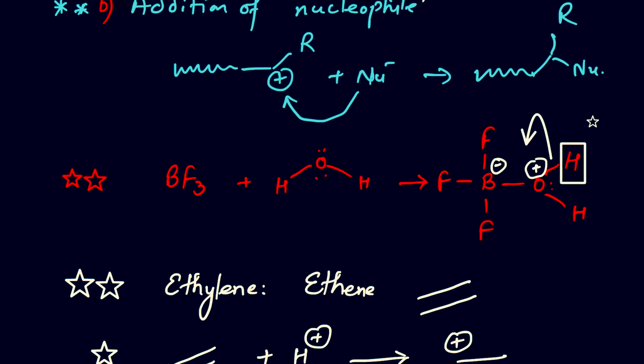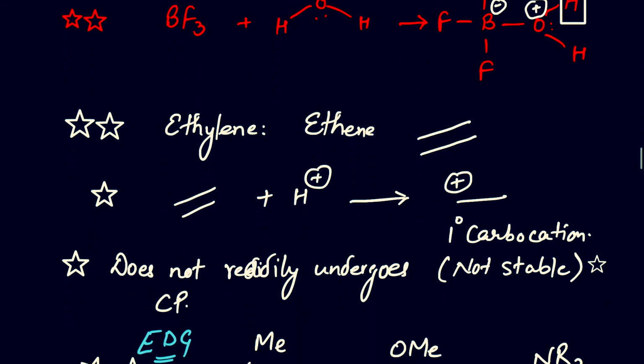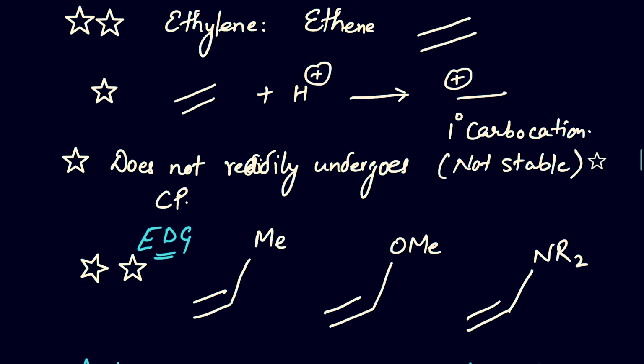Now in the case of polymerization of ethene, H positive first of all attacks the ethene molecule to form a 1 degree carbocation, which is basically not a stable carbocation. So that is the reason that ethene generally does not undergo cationic polymerization easily.